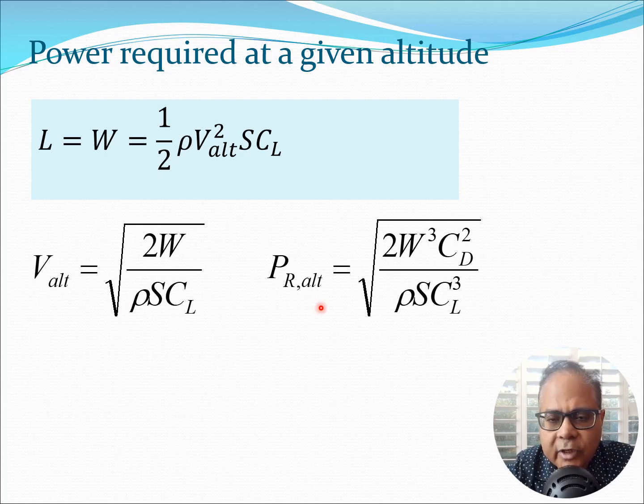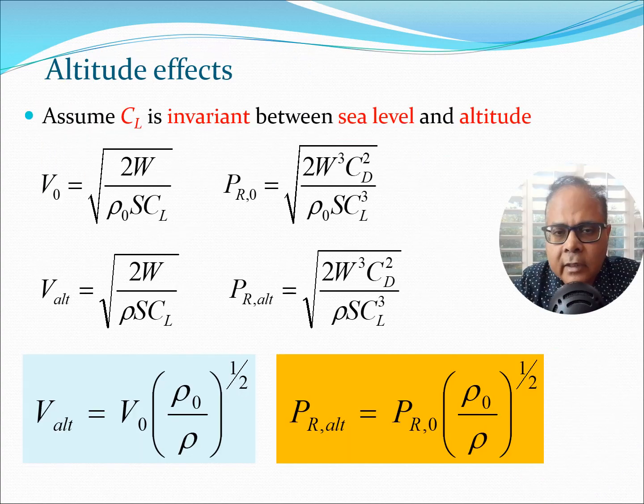I can easily obtain the power required at altitude as root of 2W cube C_D square by rho S C_L cube. So here what's happened is that the density of air is different because you are at a given height. Again, recall that from standard atmosphere you can obtain this density. Go and look at the video on standard atmosphere, which we made many lectures ago in this course.